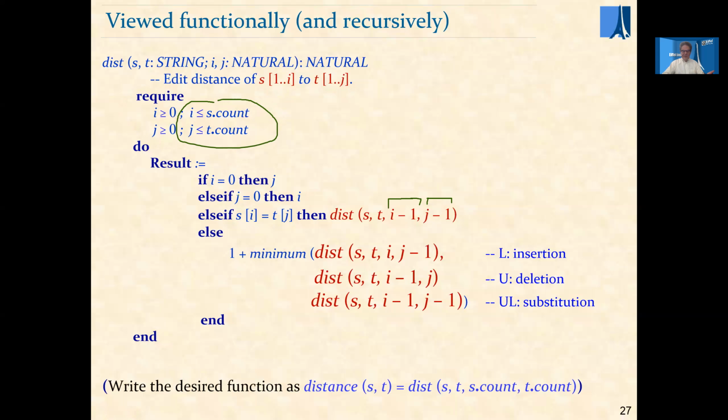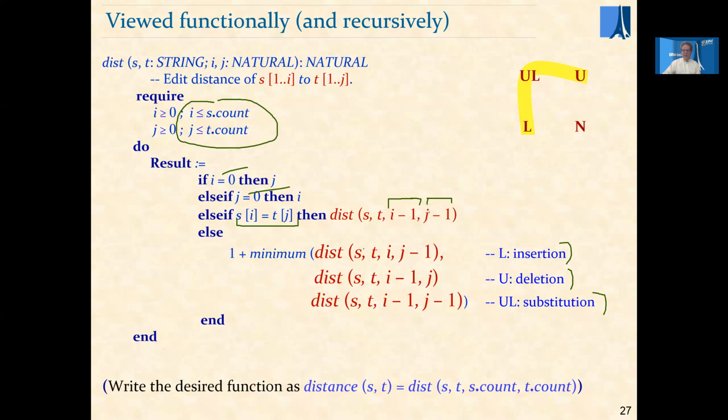And now in the general case in which I is not equal to 0, J is not equal to 0, and the letters are different, then we can consider the substrings. Of course, it's the same reasoning that we did for the iterative version. We can obtain the new strings by insertion, deletion, or substitution.